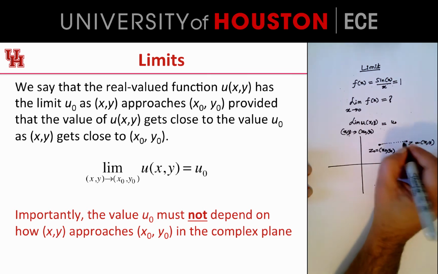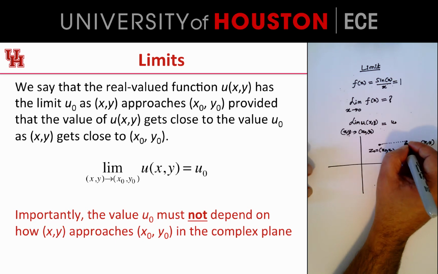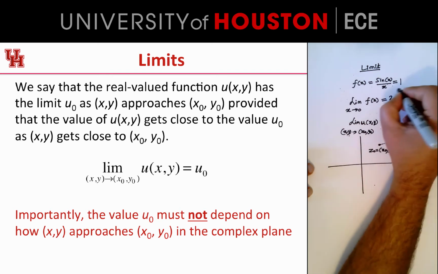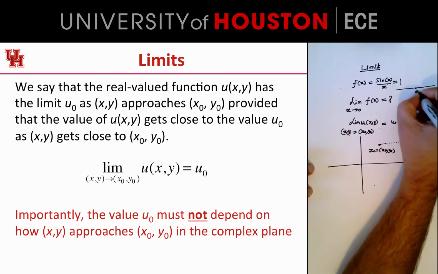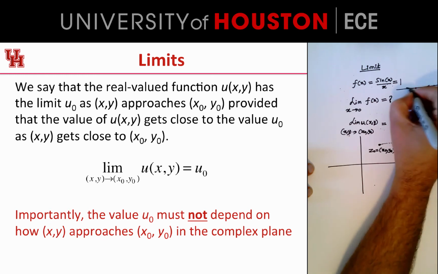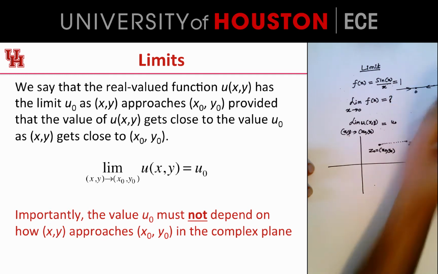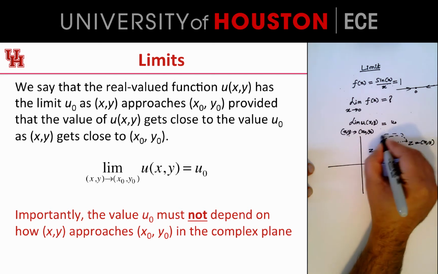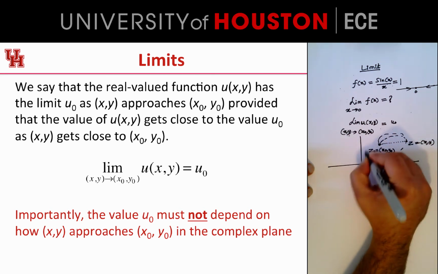So the one twist that comes up in the complex plane is how you go from here to here. On the real axis, there weren't too many ways. If you wanted to get to 0 and you were on the x-axis, you could either go like this or like that. There were only two ways. But here, there are a lot of different ways. What if you go like that? What if you go like that? What if you go like that?